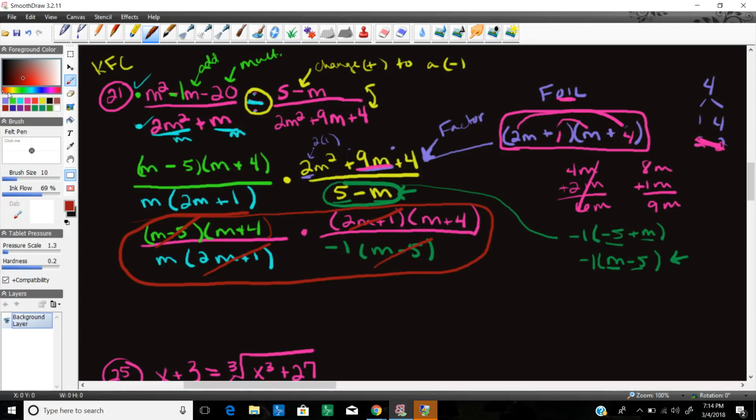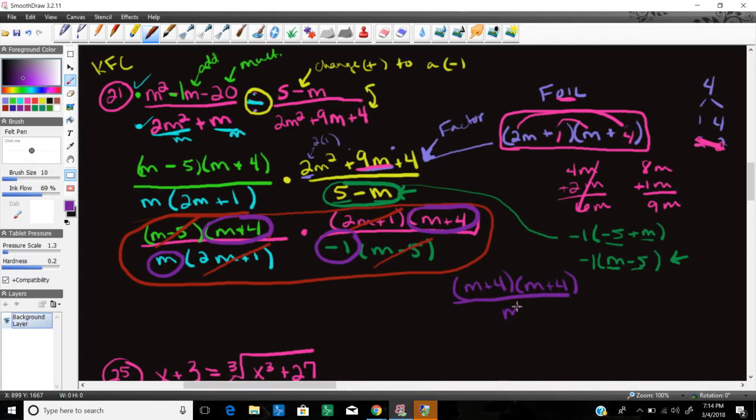So I'm going to go ahead and circle everything that's left over. I have m plus 4, m plus 4, and m, and we also have this negative 1. So my final answer will look something like this. M plus 4, parentheses, m plus 4, over, and then I have this m and this negative 1.